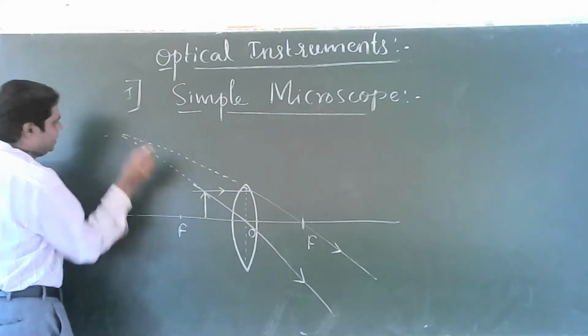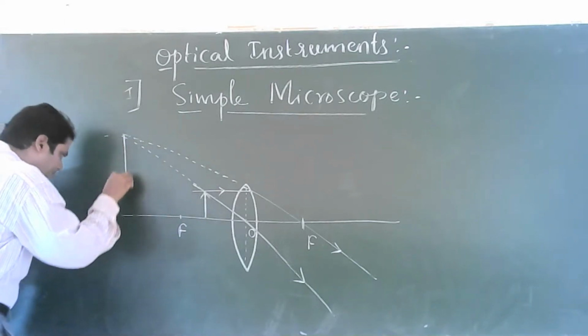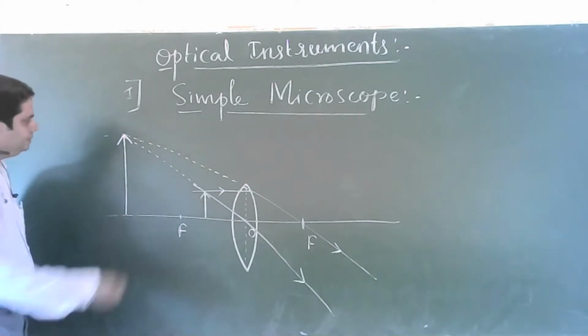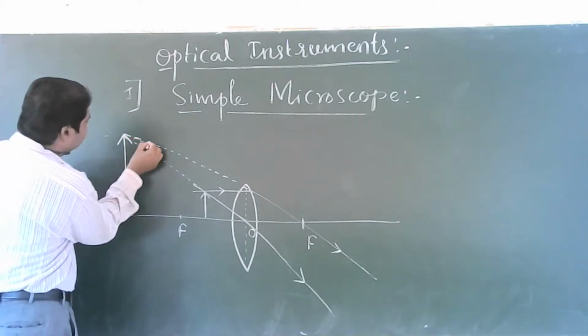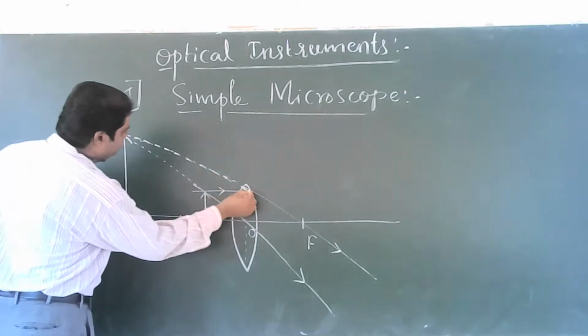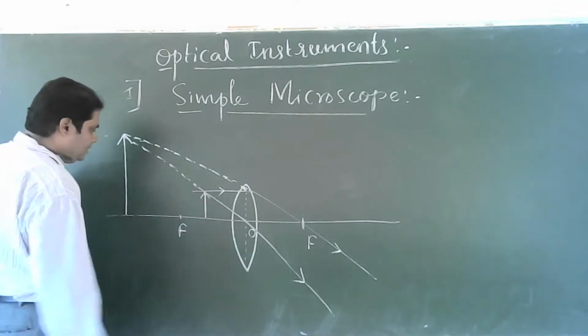Somewhere here they meet. Visible, correct? We get an enlarged image of the object.